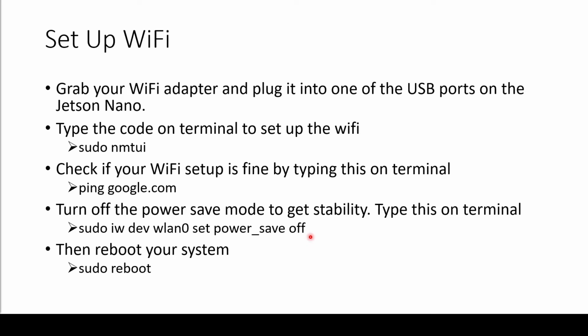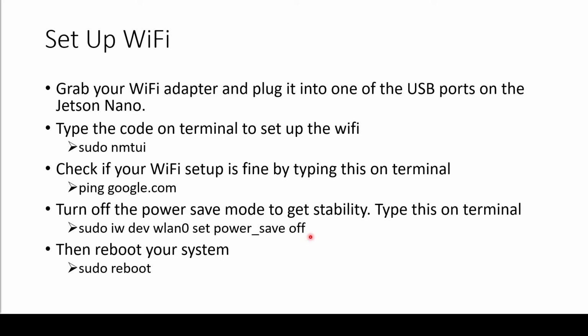Or perhaps you can also use the NMTUI software, the network manager user interface software, by typing sudo nmtui inside of the terminal. It will go through the same process, but by using a different graphical user interface. After you set up your Wi-Fi, you can try to check the internet.